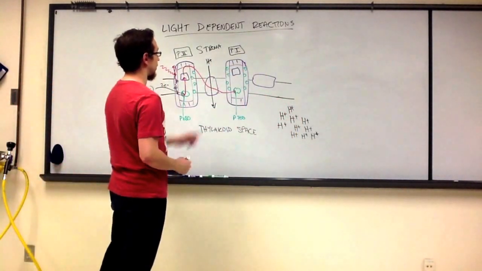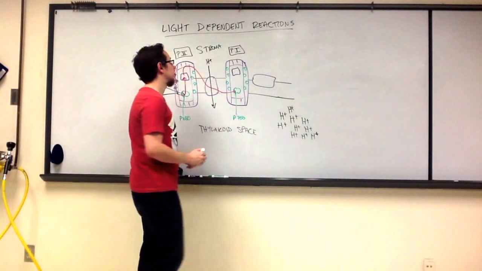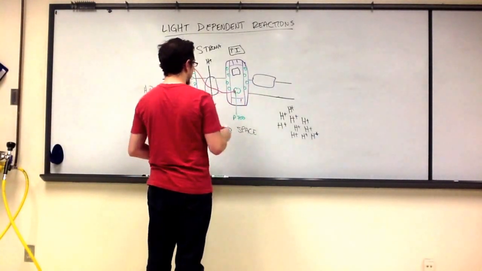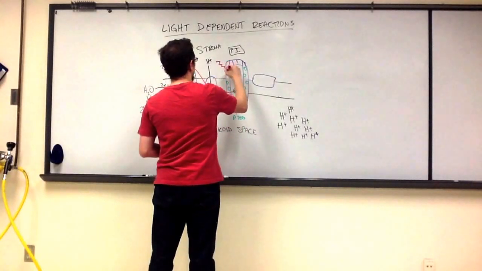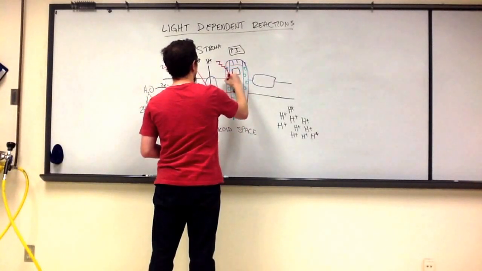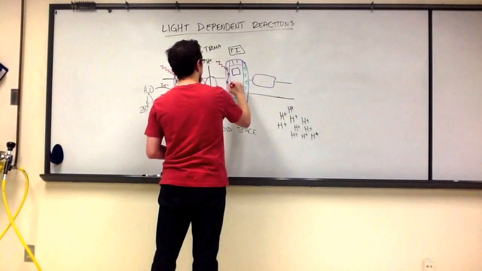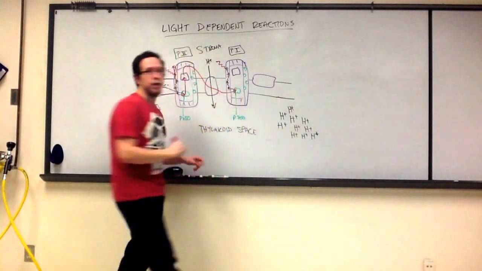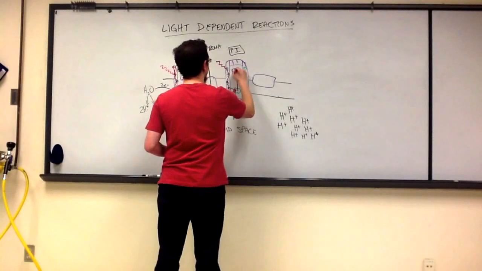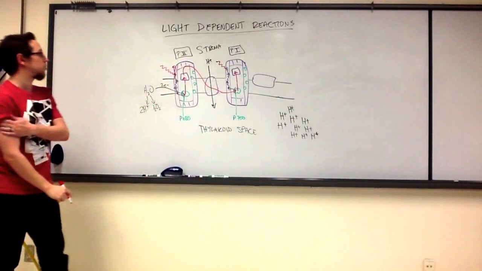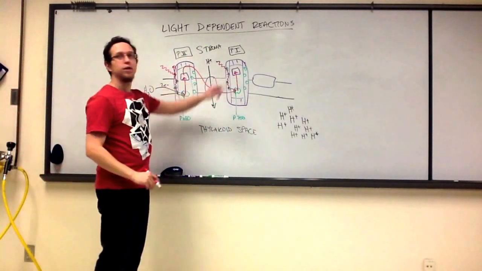Okay. Next, before we get to that proton gradient, let's go ahead and follow these electrons. So again, light energy is transferred from pigment to pigment in the light harvesting complexes until it ultimately excites the electron in P700. That electron enters an excited state and is transferred to the reaction center complex.